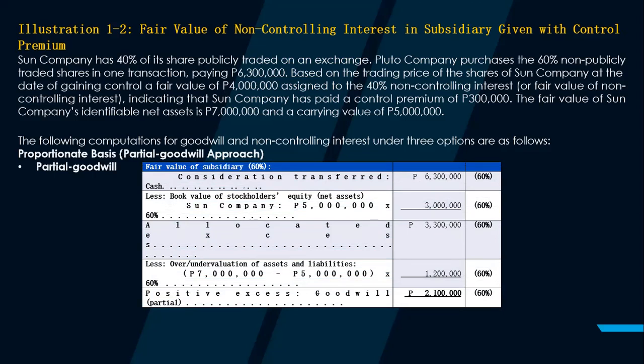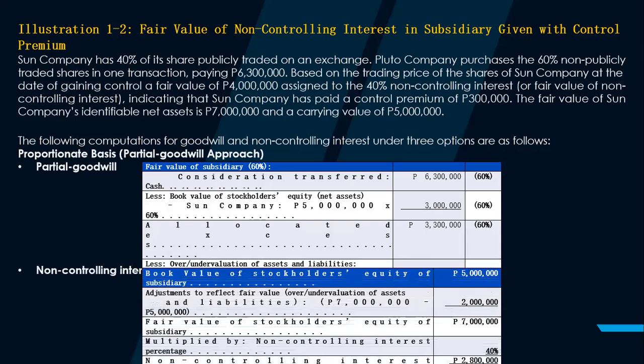Then we have to deduct the undervaluation, overvaluation of assets. If we have 7 million as the fair value, and we have 5 million as the carrying value, so we have 2 million times 60%, 1.2 million for the positive excess or goodwill. That's equal to 2.1 million.